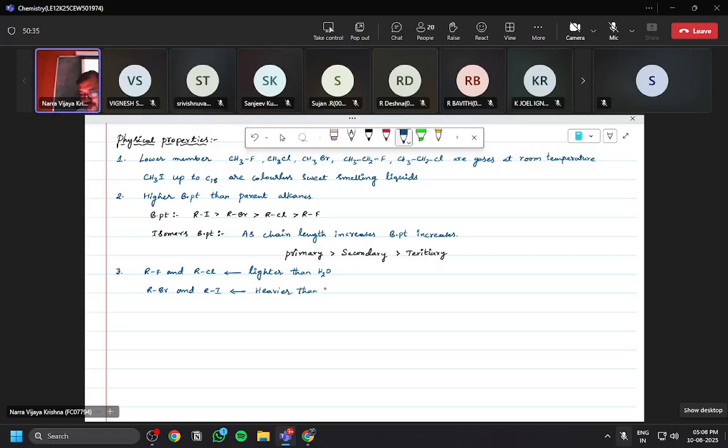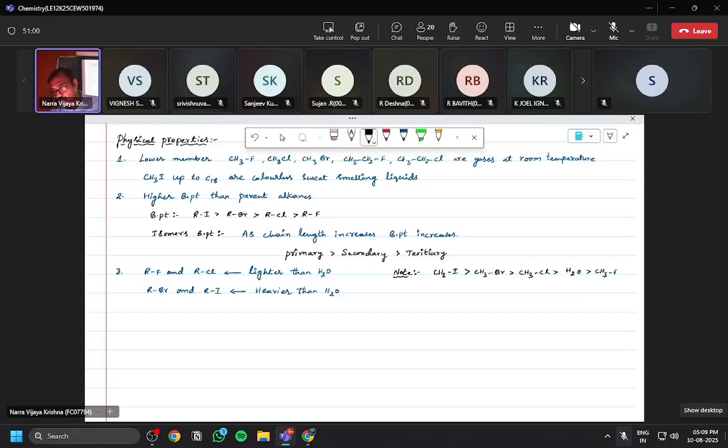Regarding density, if you want to compare, iodides have more density than bromides, more than chlorides, more than water, more than fluorides.